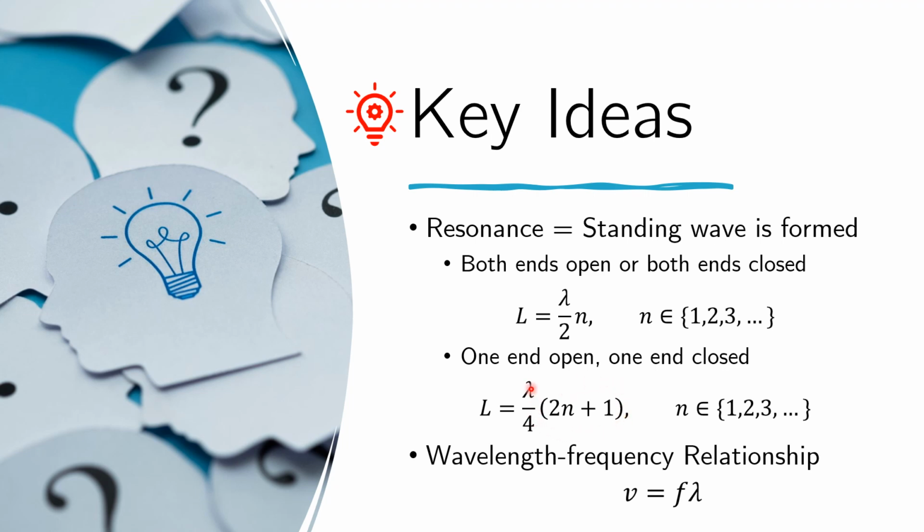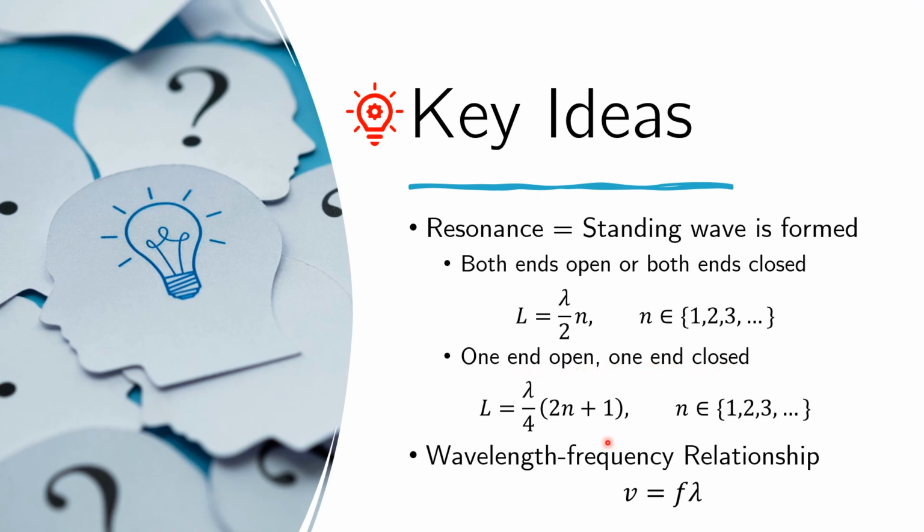We cannot have 2 times 1/4 of a wavelength, or 4 times 1/4 of a wavelength, because they will reduce to 1/2 of a wavelength times an integer. So what we need is 1/4 of a wavelength times an odd number. That's why we have 2n plus 1 here. This indicates that we need an odd number to multiply with wavelength over 4. And again, this is for the case when one end is open and the other end is closed.